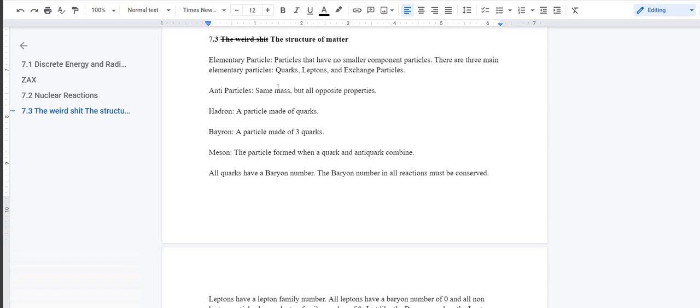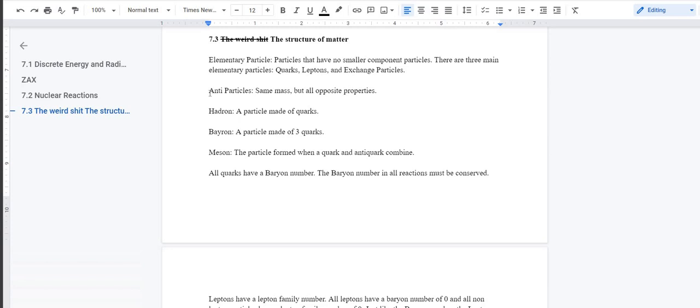For example, if you start with me as a person, you can break me down into the various carbon, hydrogen and oxygen atoms that make me up. You can further break down those atoms into protons, neutrons, and electrons. And according to this theory, the three main elementary particles are quarks, leptons, and exchange particles. So if you look into those protons, neutrons, and electrons, you'll find the quarks, the leptons and the exchange particles.